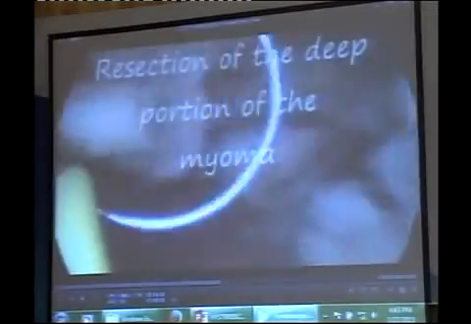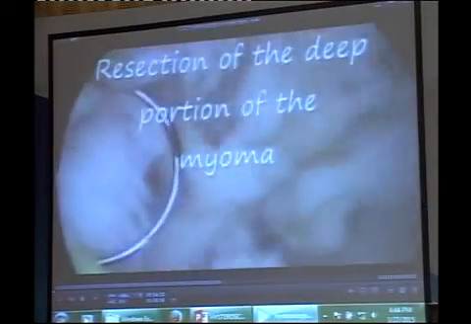It is important at all times during the procedure to monitor the inflow and the outflow and the fluid deficit. Larger and deeper myomas are associated with more extravasation than smaller and more superficial myomas. Using saline, the maximum deficit according to the guidelines is 2.5 liters in case of the bipolar resection.